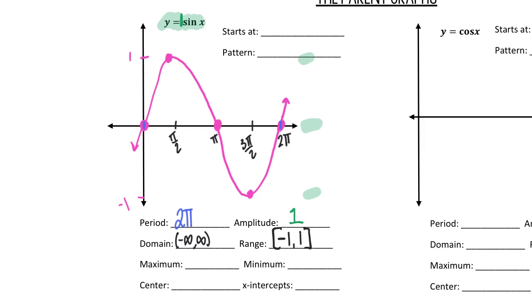The maximum y value is 1, the minimum y value is -1, and you can see both of those show up in the range. The center value, there's no vertical shift, there's nothing that's been added to sine, so the center is just 0, and we can list our x-intercepts: (0, 0), (pi, 0), and (2 pi, 0).